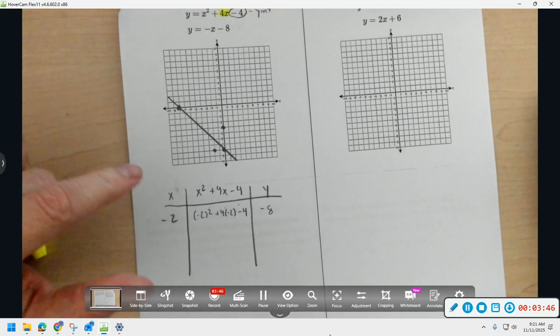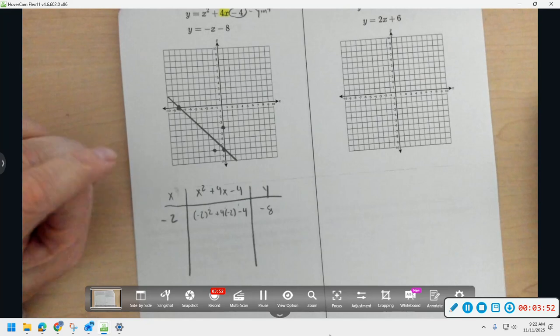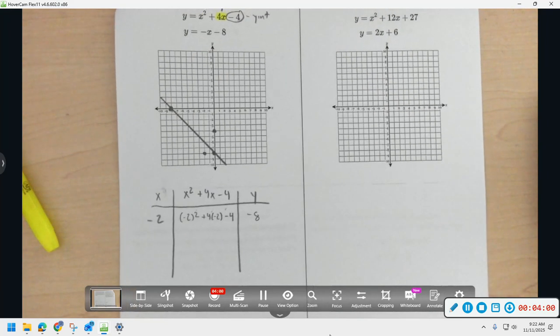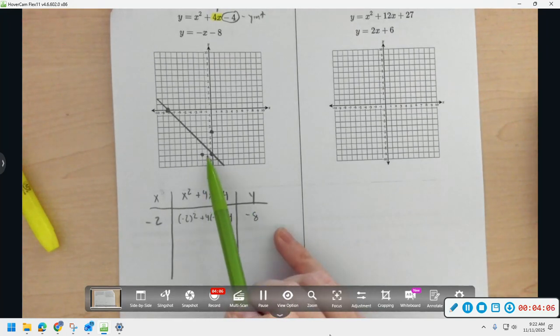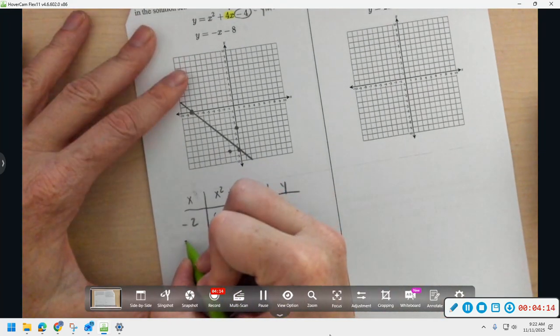I want to try to get closer to my line. So closer to the line, is that going to be negative 1 or is that going to be negative 3? If I want this point to get closer, would I go this way or would I go this way? Left or right? To the right. So that would be negative 1. So we're going to plug in negative 1.